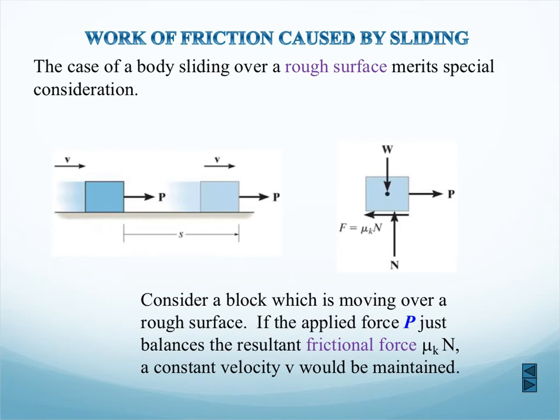That's code for we have to deal with friction. If the object moves at a constant velocity, then the forces in the x direction add up to 0. So the applied force P and the frictional force, which is mu times the normal, have to be equal to each other.